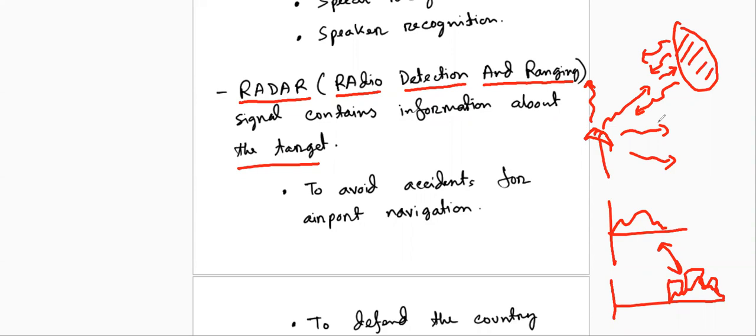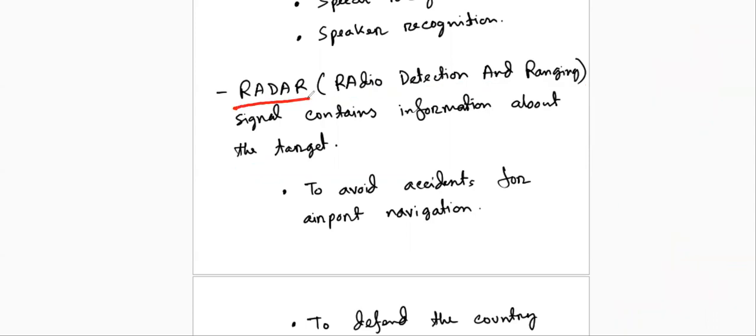And as you know, this technique, the radar technique, was invented by British scientists during World War II. This was a great invention of that period, which gave the upper hand during that war.